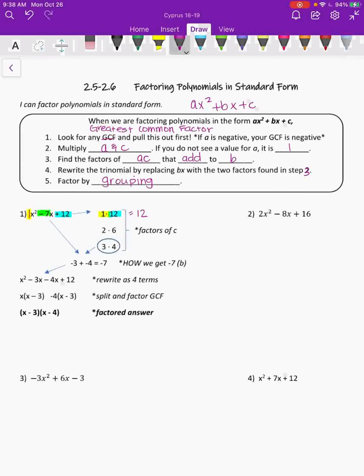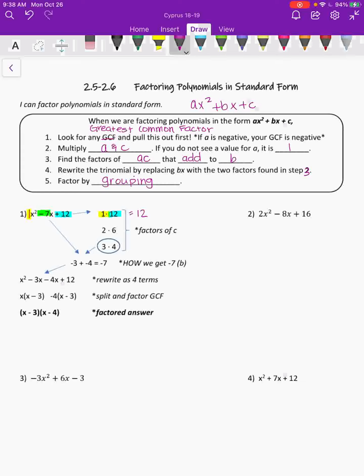That's step 2. Step 3, find the factors of AC, or the factors of 12, that are going to add to B. Remember, B is negative 7. That's that green number I've highlighted. So we want to find two numbers that will multiply to get 12, but that add to get negative 7. Okay. So the factors of 12, we have 1 times 12, that's the top one.